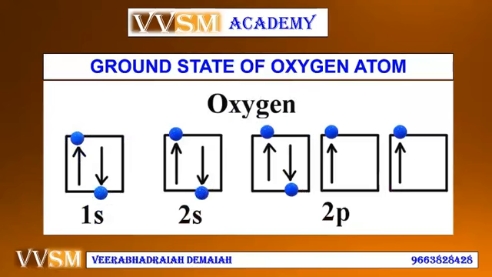Ground state of oxygen atom. You know, my dear friends, this is advanced modern chemistry, electronic configuration, in which the ground state oxygen consists of 1s, 2s, 2p. In the 1s orbital, 2 electrons are revolving around the nucleus of an atom, in the 2s orbital, 2 electrons, and in the 2p orbital, 2 electrons paired and 2 electrons unpaired in the ground state of the oxygen atom.